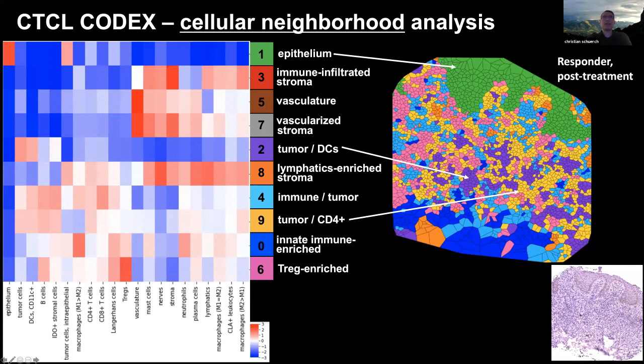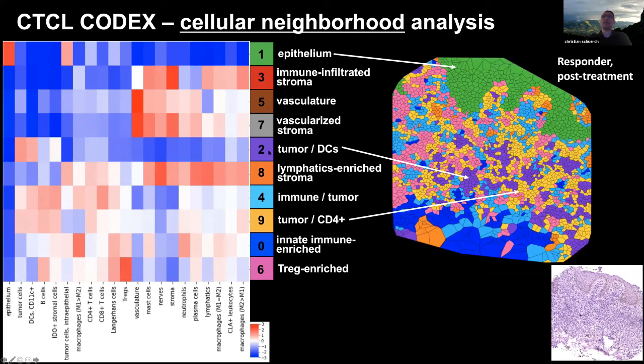For example, the epithelium, which was enriched in epithelial cells, keratinocytes, and some intraepithelial tumor cells. And as you can see here, we have a nice correlation of this epithelial neighborhood with the epithelium as shown in H&E. When we do not see any structure here in this infiltrate in the H&E, we can start seeing structure in the cellular neighborhoods as analyzed by this algorithm.